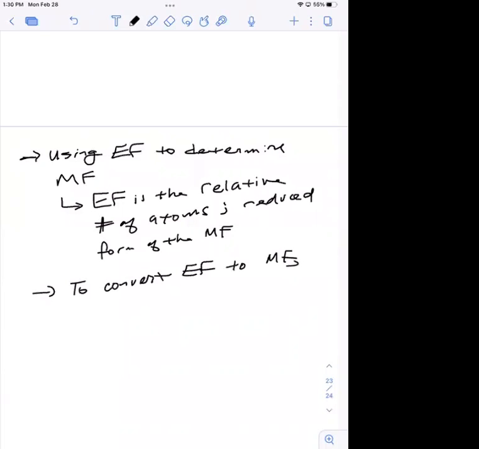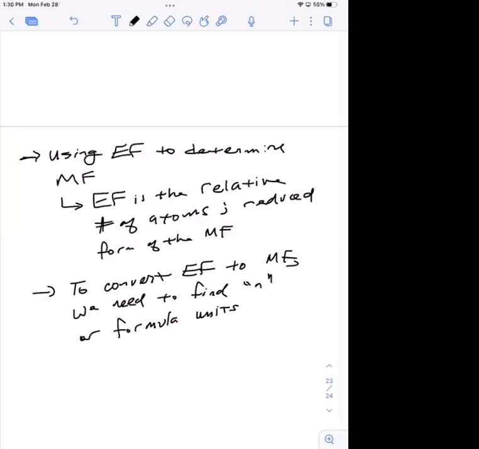To convert empirical formula into molecular formula, we need to find N, which is the number of formula units.